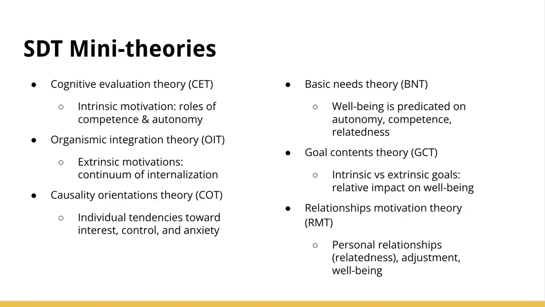Really, it talks about intrinsic versus extrinsic motivation. That's really a key thing that is explored in these theories. Also the role of autonomy, competence, and relatedness. Those are the 3 big areas that a lot of these mini-theories intersect with.